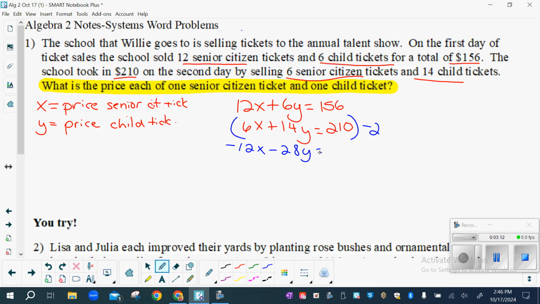Calculator's good today, so if you want to go get one, that's fine. Then we're going to add this to 12x plus 6y is 156.